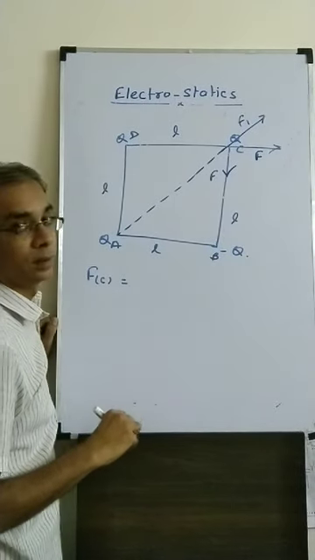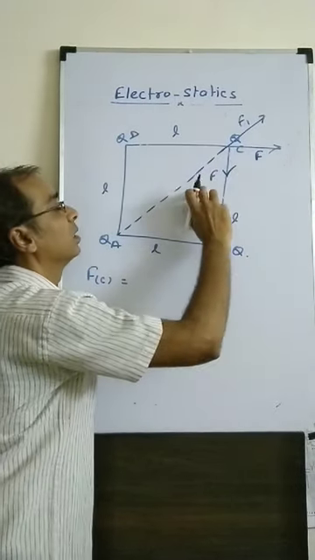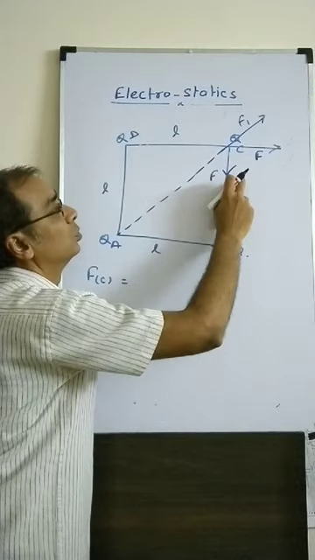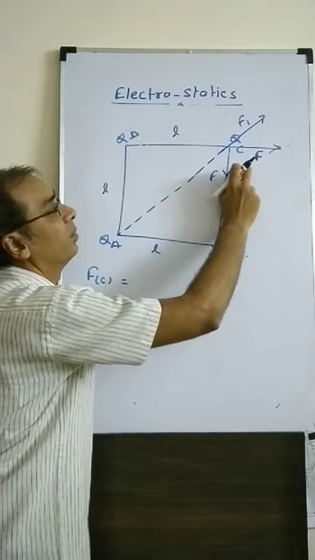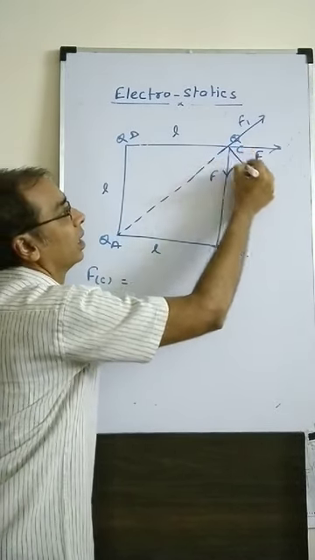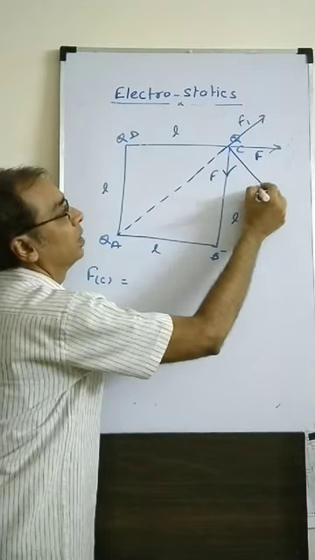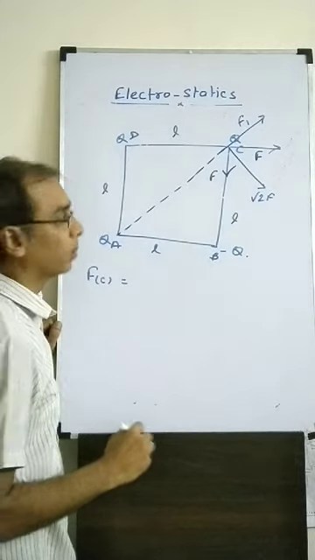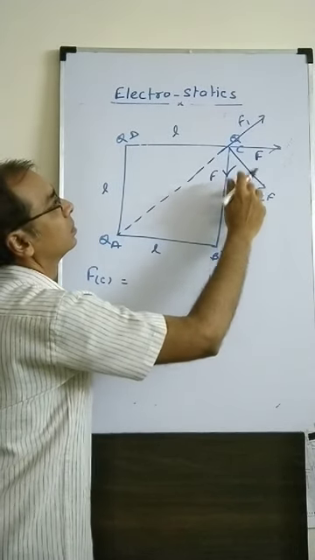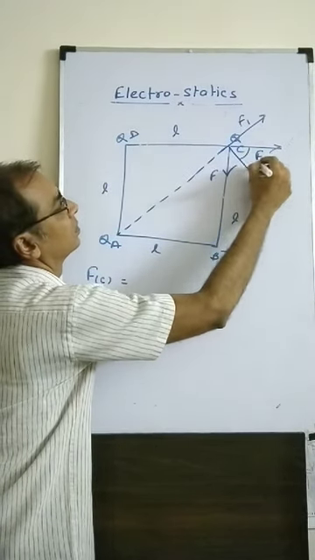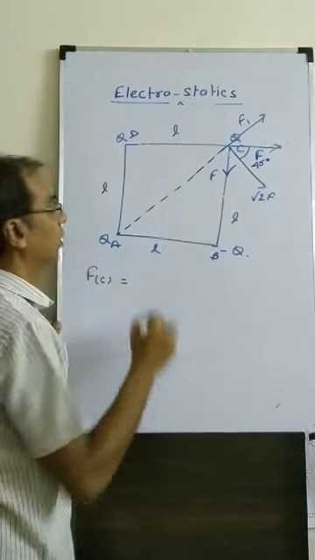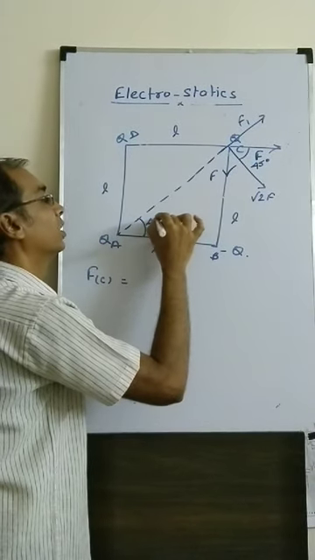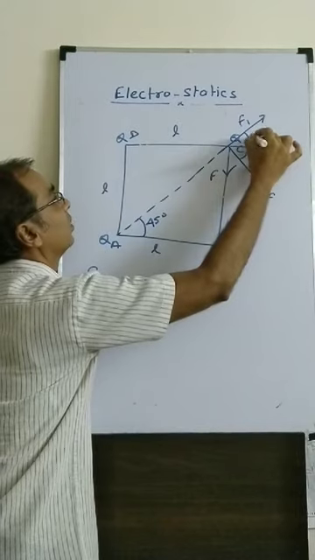Now how to find it? First we will find the resultant of these two. F and F we will add, and where will the resultant be? On the angle bisector. And what will this force be? We know it. This is the angle bisector, that means this is 45, and this is also 45.